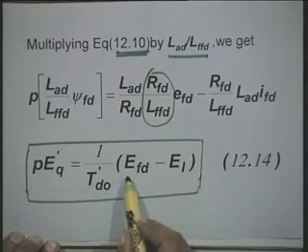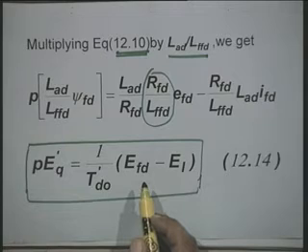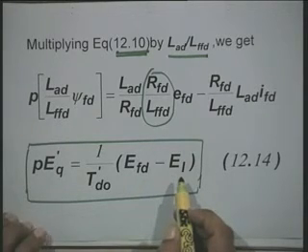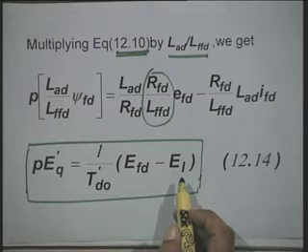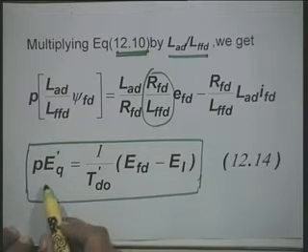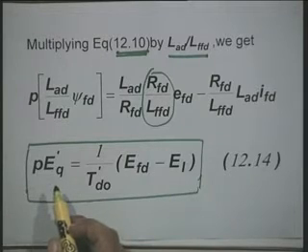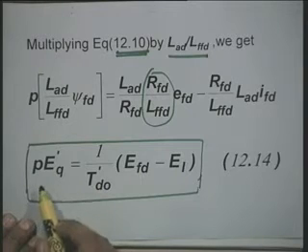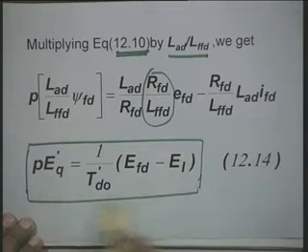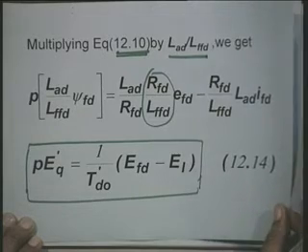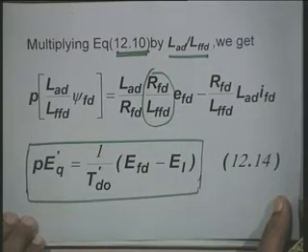EFD is the voltage proportional to field voltage, EI is the voltage proportional to field current, and EQ prime is the voltage proportional to field flux linkages. Therefore, in this equation we have only voltage terms, not the current or flux linkage term. This is the only difference.